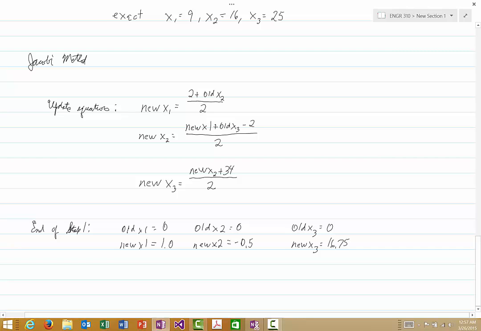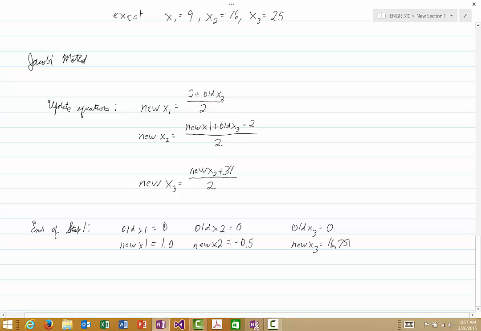And let's just make sure we understand how to calculate this. Okay, so when we calculate new x1, we'll have 2 plus old x2, so that's 2 plus 0 is 2 over 2 is 1. So that's how we calculate this 1. Then for new x2, we will have the new x1, which is the 1 that we just calculated.